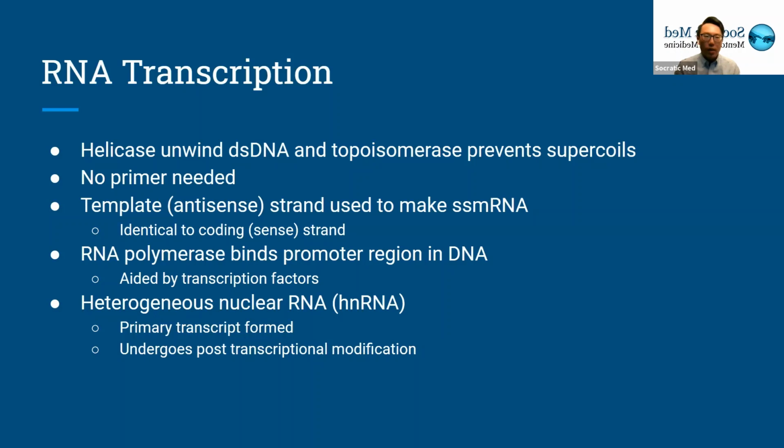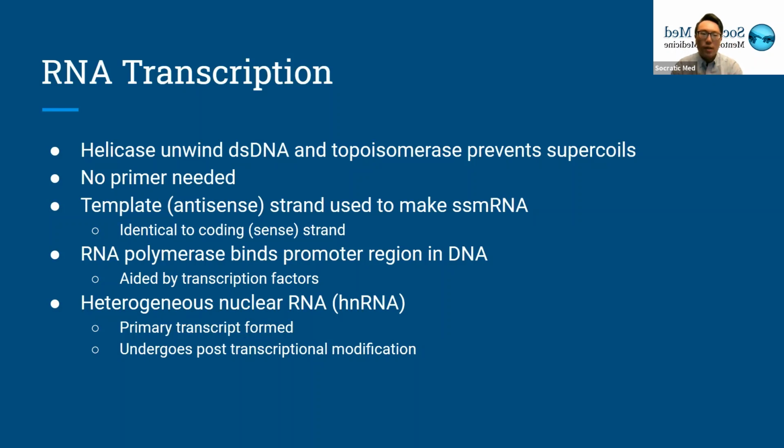So just like DNA replication, the template or antisense strand is used to make the single-stranded mRNA. It's good to note that the template strand is always antisense, and the mRNA that you make is identical to the coding or sense strand.